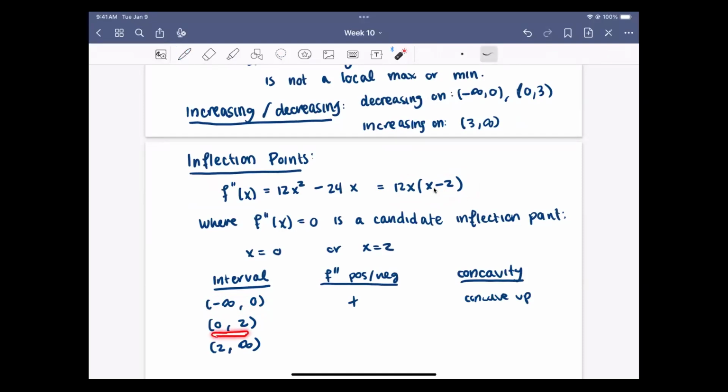Okay, and then what about from 0 to 2, what happens? Yeah, so this will be negative because here we're plugging in a positive number, and here this will still be a negative number, and so negative times positive is negative. So here you're concave down.